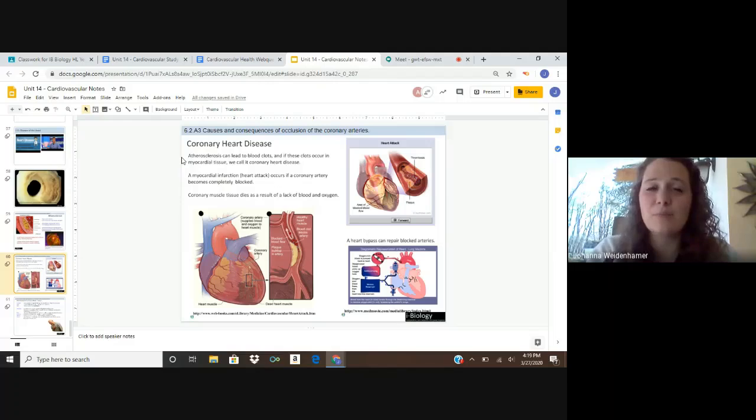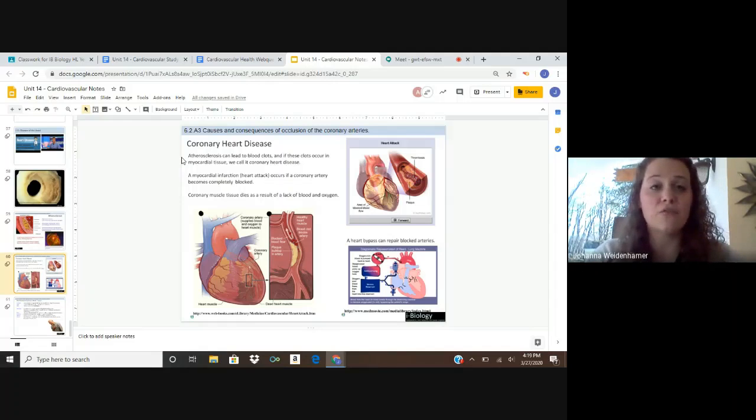So remember in a previous lesson, we talked about how there is a coronary artery, and that artery brings oxygenated blood from the heart to the heart muscle, to the heart tissue, because the heart itself is a muscle, and it not only pumps blood, but it also needs oxygenated blood just like the other tissues in our body.